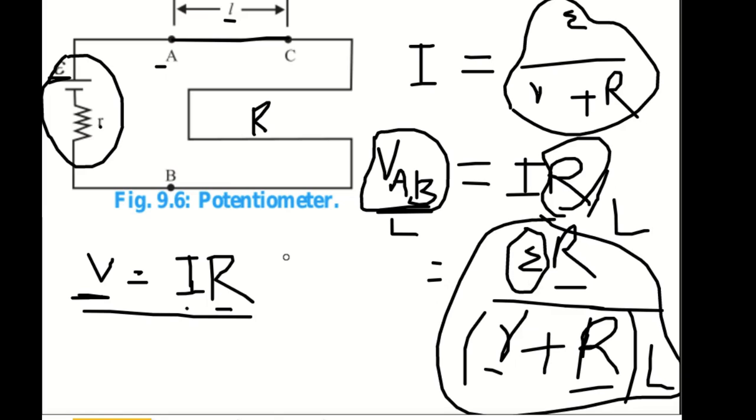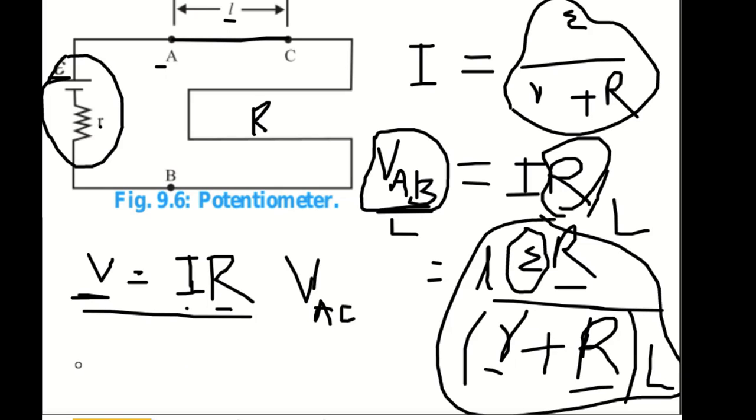So I will get VAC, that is the potential difference between point A and C, which is equal to l into epsilon R divided by (r plus R) into L. In this way we can find out any potential difference or voltage between any 2 points in this circuit. I just want to know the length between these 2 points. If I know the length, then I can find out the potential difference.